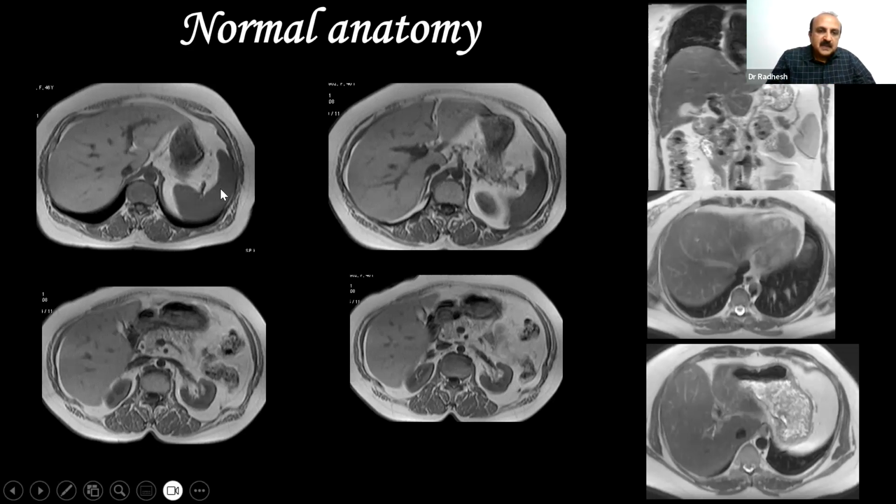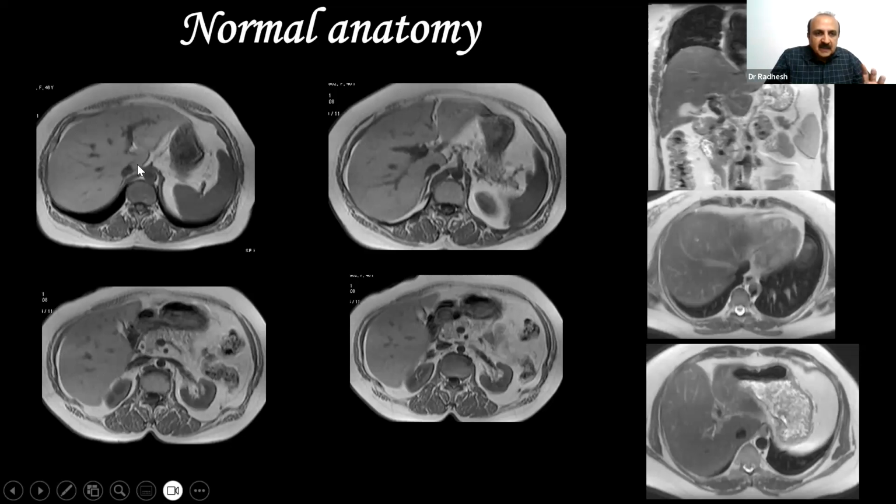Similarly, this is spleen, this is stomach, and this area, fat, is the gastrosplenic ligament. Isn't it? It also contains fat, and then you have the tail of pancreas within the gastrosplenic ligament, coming down towards the spleen. Clear?